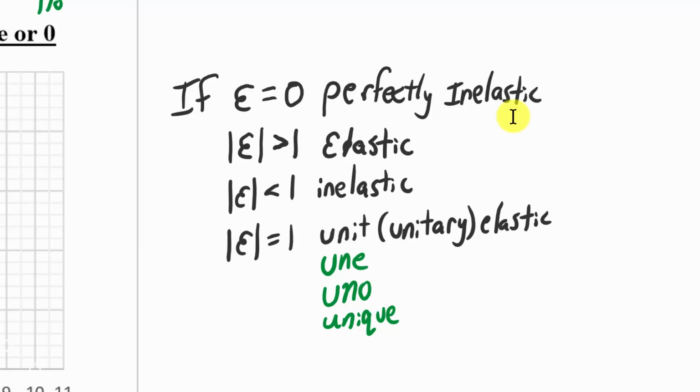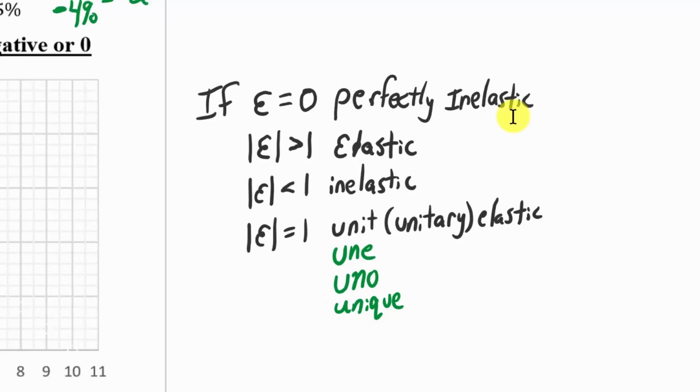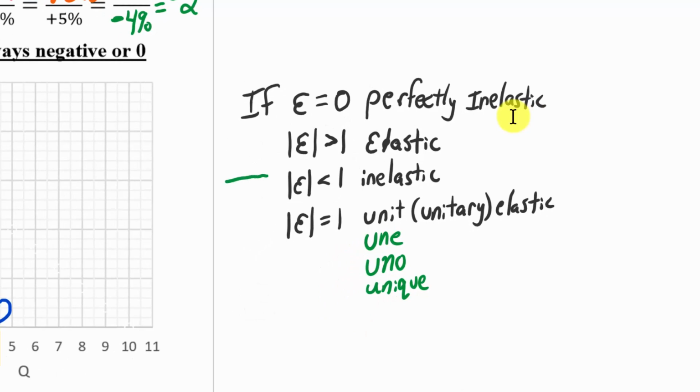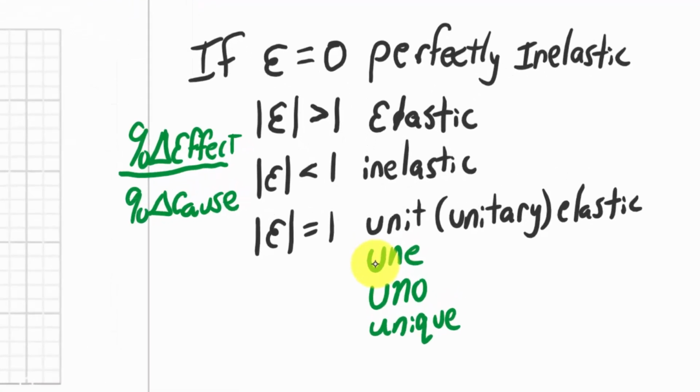Now, why put it in this way, greater than 1's elastic and less than 1's inelastic? Well, here's why. Because every elasticity is a ratio of a percent change. Again, this triangle delta means change. It's a shorthand way of saying it, but it's a percent change in the effect on the top of a fraction divided by the percent change in a cause on the bottom. And what we're saying here is we're going to call something elastic if the effect is bigger than the cause.